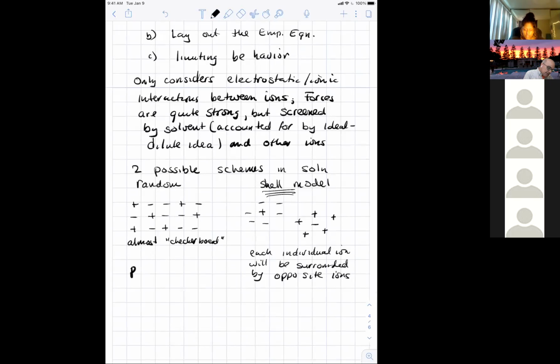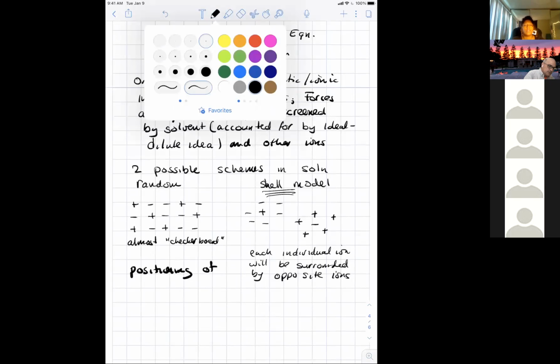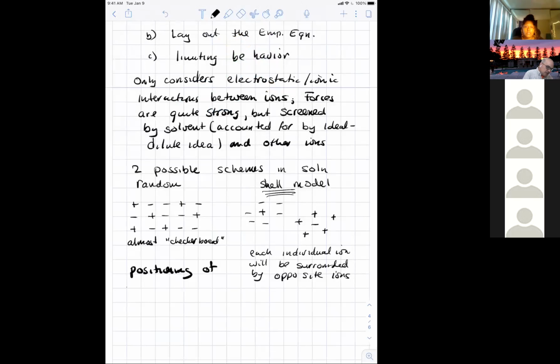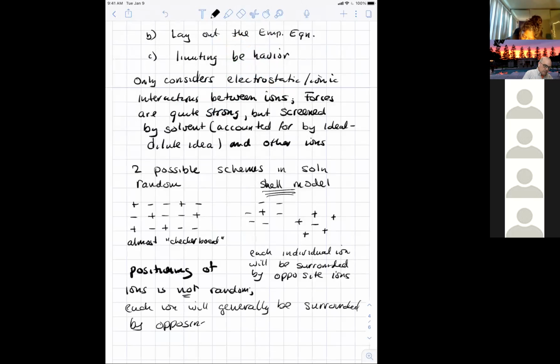So the positioning, my pencil's really thick today. What's going on? Maybe I'm just pushing super hard today. Positioning of the ions is not random. Each ion will generally be surrounded by opposing ions on average.